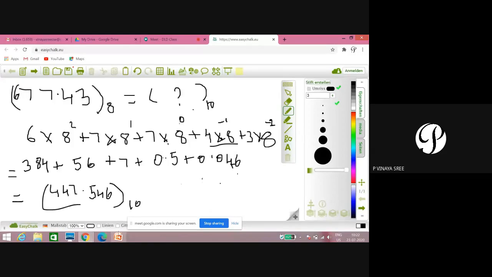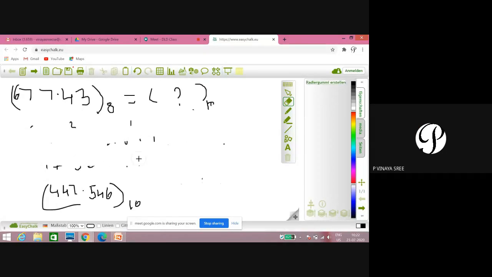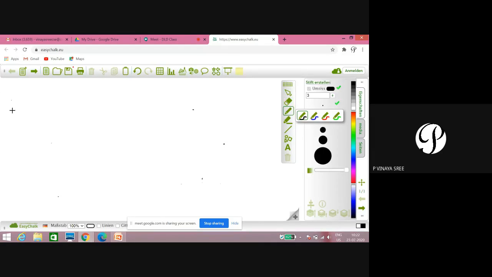Now I will give hexadecimal. I have to explain it definitely, because in hexadecimal, whenever you are representing numbers 14, 15, the maximum of the students will not represent them with symbols. That is the main problem. So let me go for an example of conversion of hexadecimal to decimal. I will take one more example.